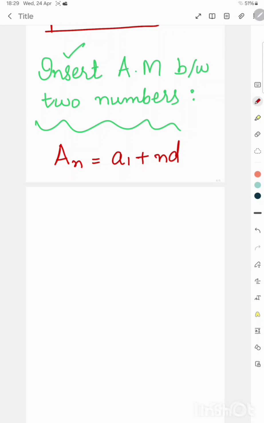Okay, as you know that arithmetic mean is always represented by A, so here they are talking about arithmetic. We have to insert, and what we will insert between two numbers will be arithmetic mean. So definitely the formula will contain the arithmetic mean.